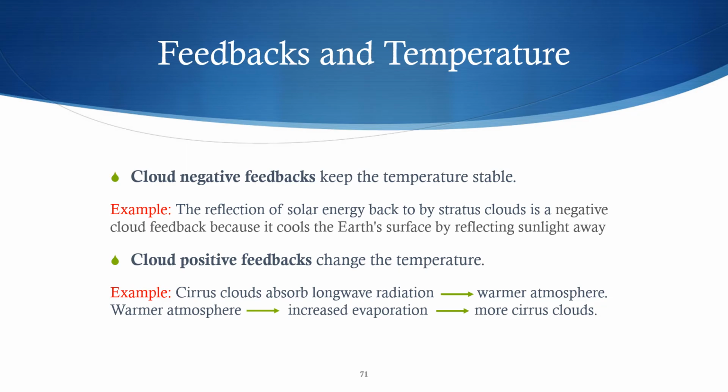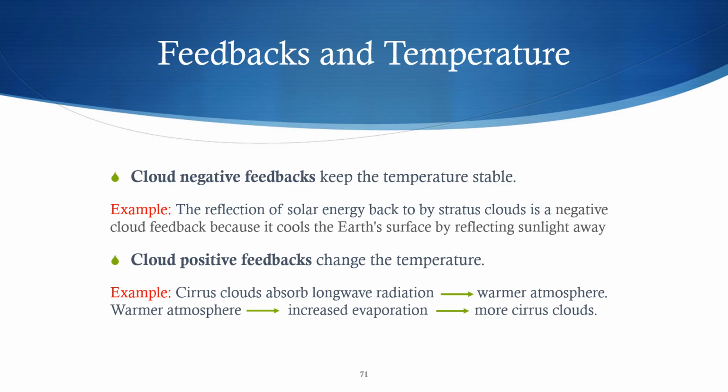This leads to a warmer atmosphere. Well, a warmer atmosphere is going to lead to more evaporation of moisture at the land's surface. More evaporation means more moisture in the air. It means more cirrus clouds. Then they start the cycle over again, and it just keeps feeding on itself. That's a positive feedback.